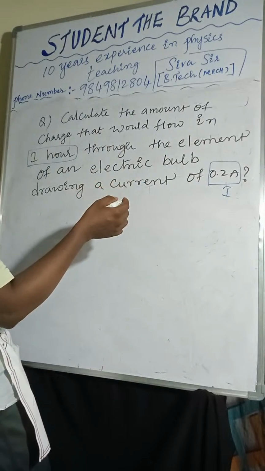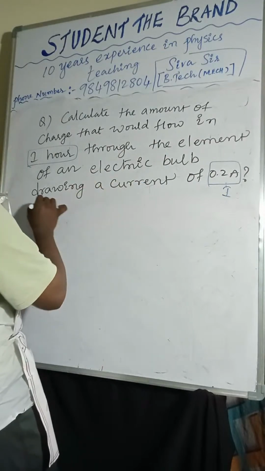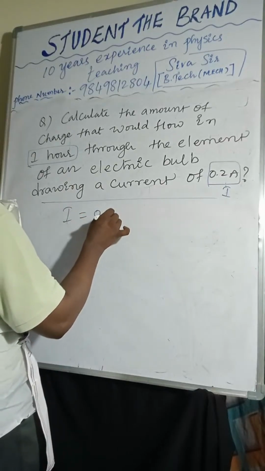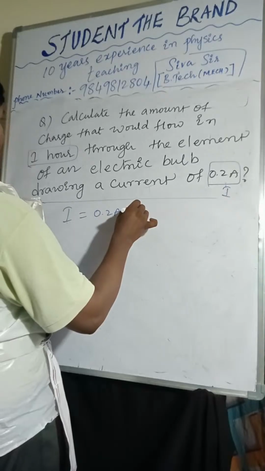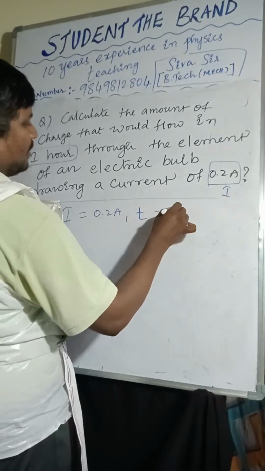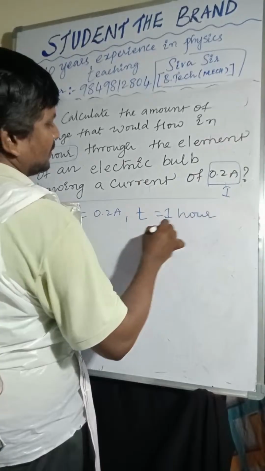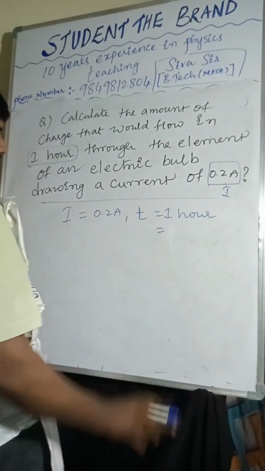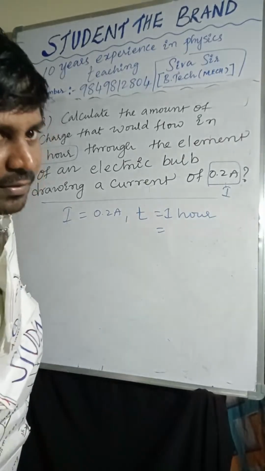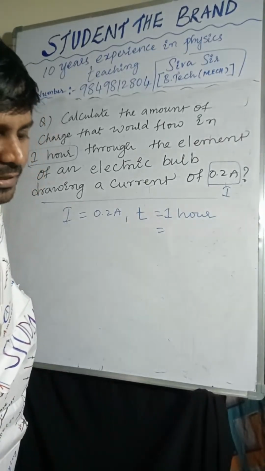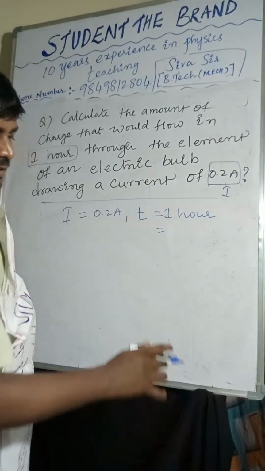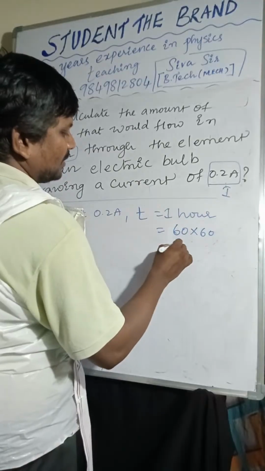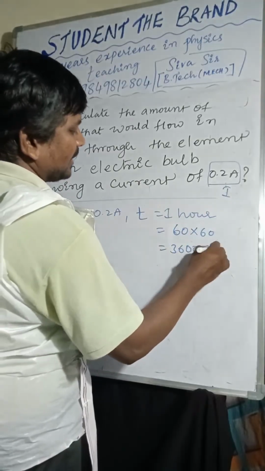Now I equal to 0.2 ampere, time equal to 1 hour. 1 hour equal to 60 minutes into 60 seconds, 60 into 60, we'll get 3600 seconds.